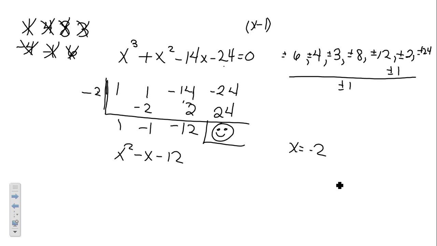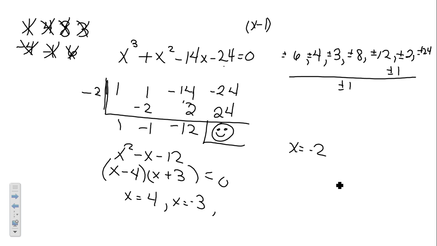What are factors of 12? 6 and 2, 4 and 3. Which one should be negative? I must have made a mistake on my 4. 4 should have worked. x equals 4 and x equals negative 3. So 4, negative 3, negative 2. Okay?